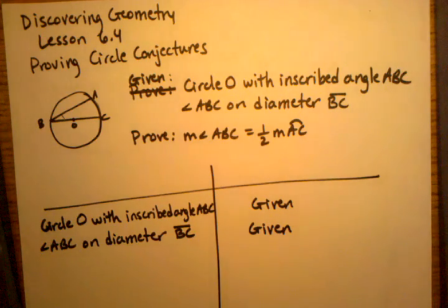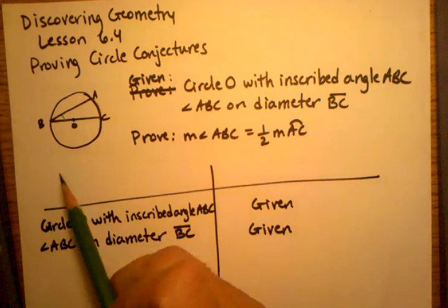The kinds of triangles whose angles we know are things like isosceles triangles or some sort of right triangle. It could be a 30, 60, 90 triangle. There are a few triangles that we know the angle measurements of.